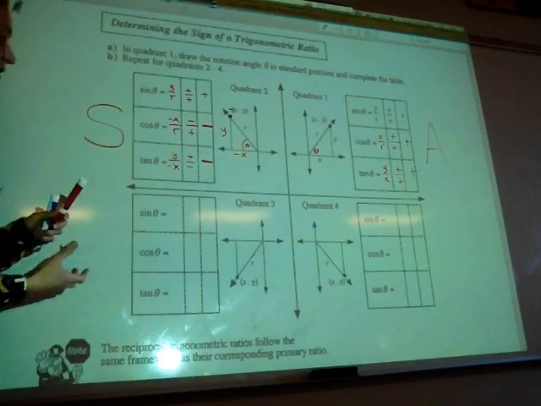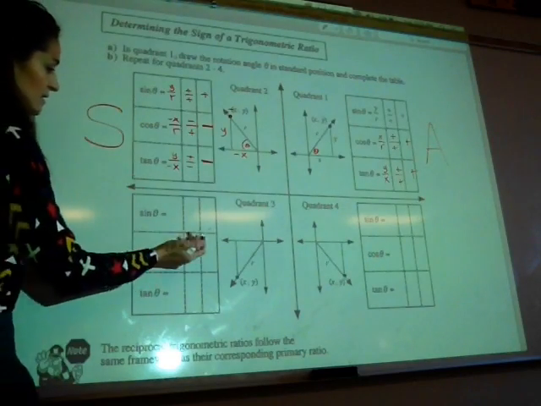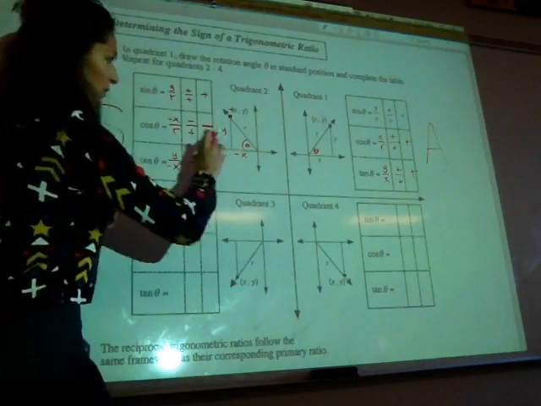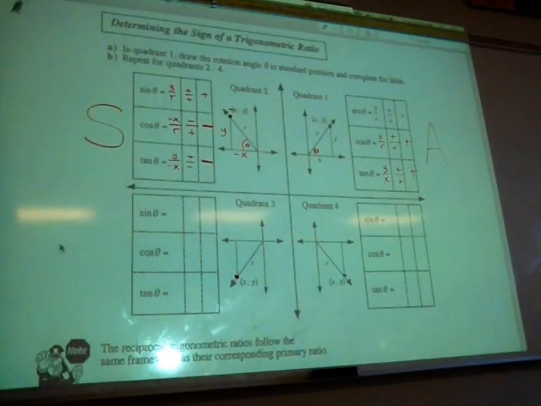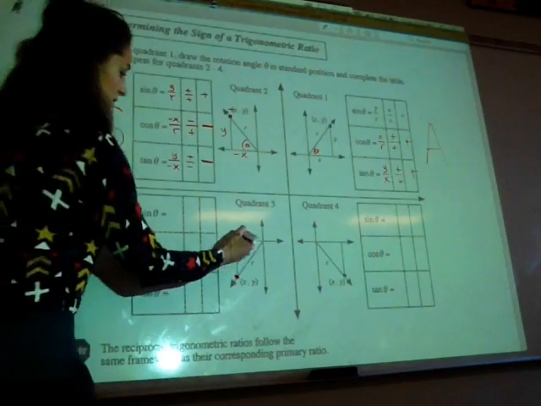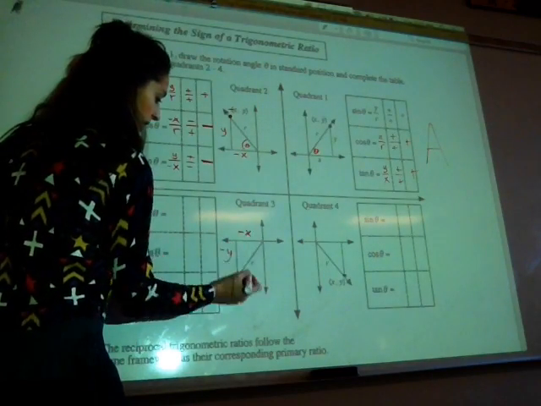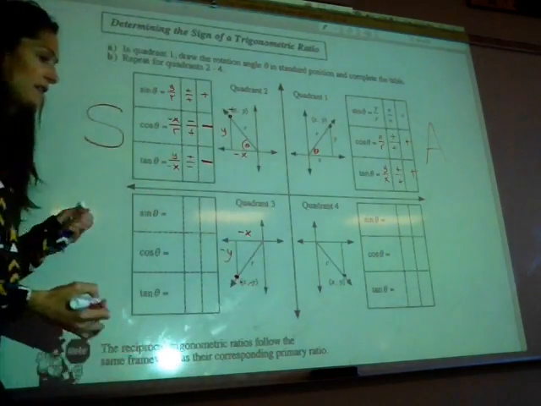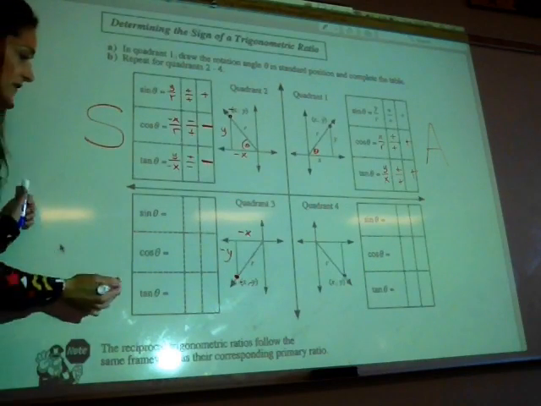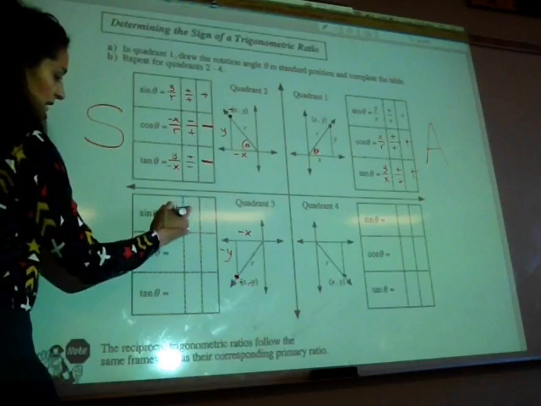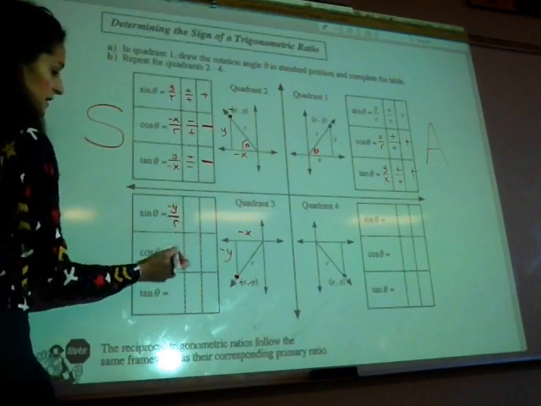Okay, if we were to continue this process, we would have different points in different quadrants. What would x and y be in quadrant 3? Negative. So we have negative x, negative y. Put little negatives in front of the point. So for sine, we have opposite, negative y over hypotenuse, positive r.